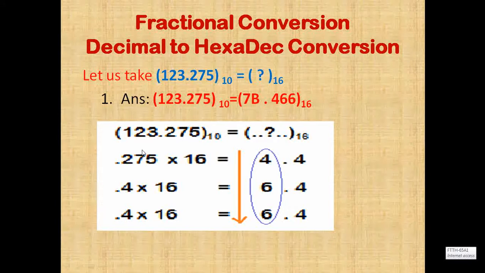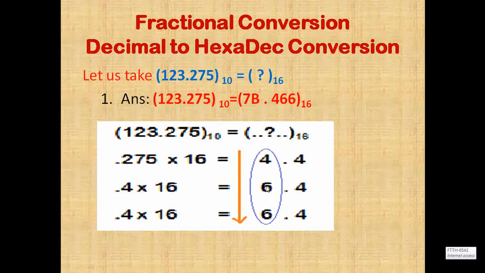To convert 0.275 into hexadecimal, we'll multiply 0.275 by 16, we get 4.4. And now we will leave out this integer part, which is 4, and we'll consider only the fractional part, which is 0.4.